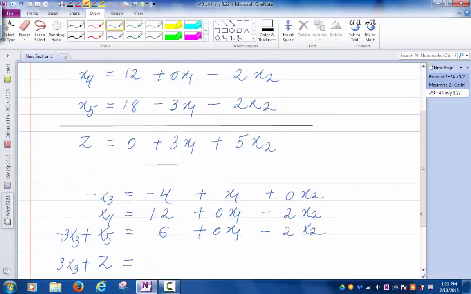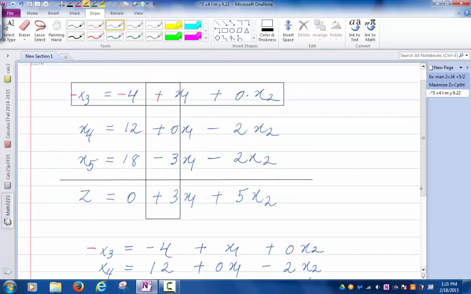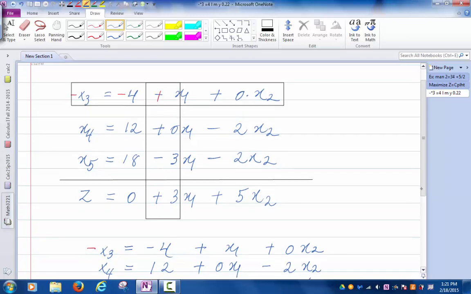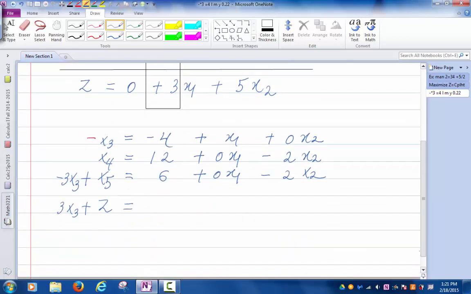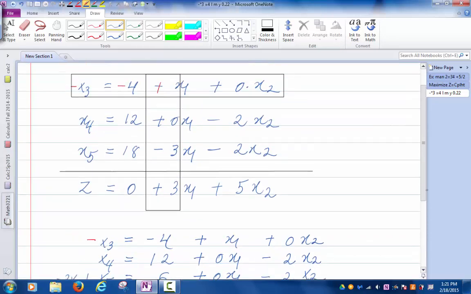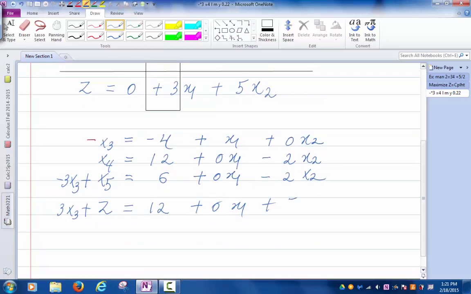Multiplying negative 4 by negative 3, which is positive 12, plus 0 would be 12. This would be 0x1. And I'm getting 5x2 again, if I do that operation. You guys agree with that?